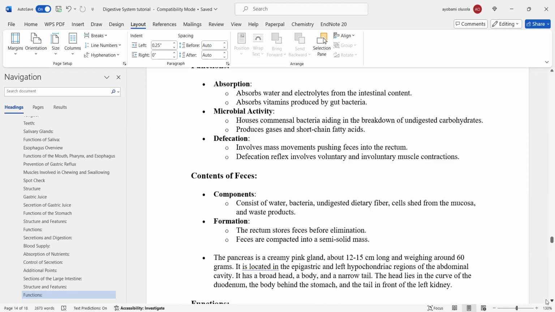Defecation. It's the mass movement of feces into the rectum. Now, the defecation reflex involves both voluntary and involuntary muscle contractions. Take for instance, when you are pressed, sometimes you can control your feces until you get to a destination where you can poo.